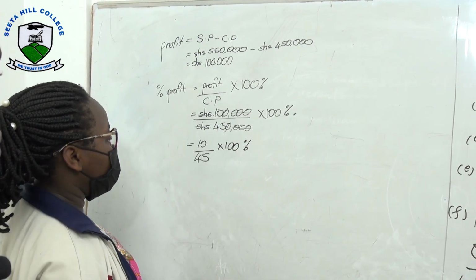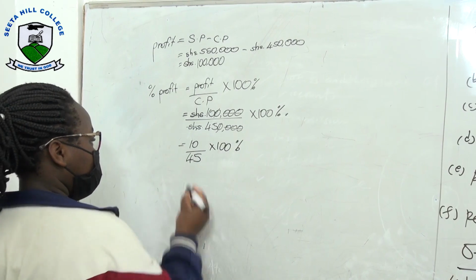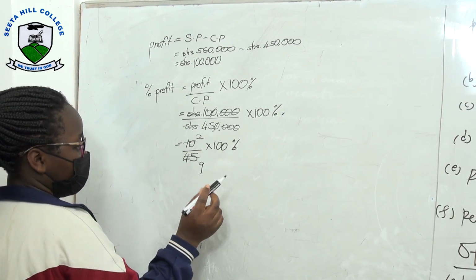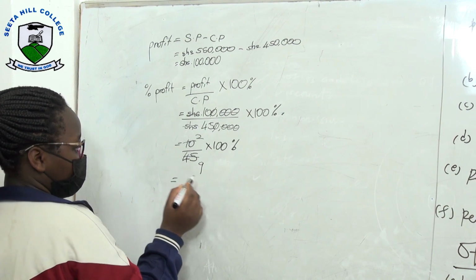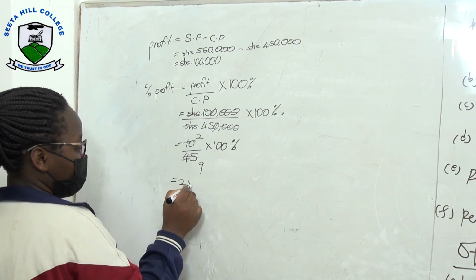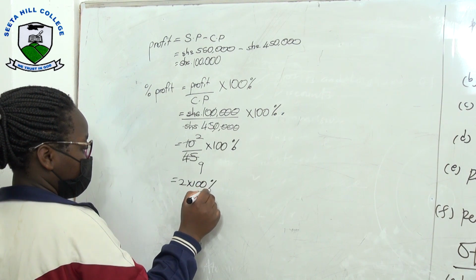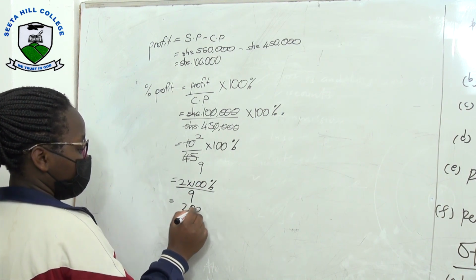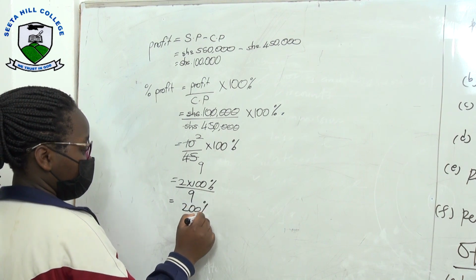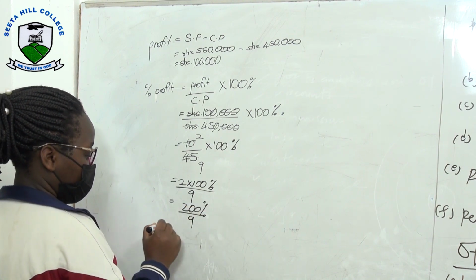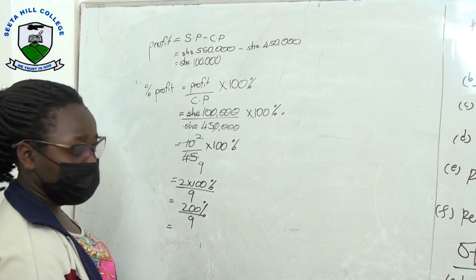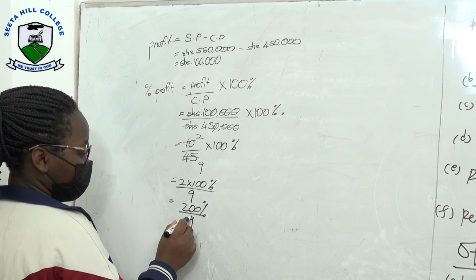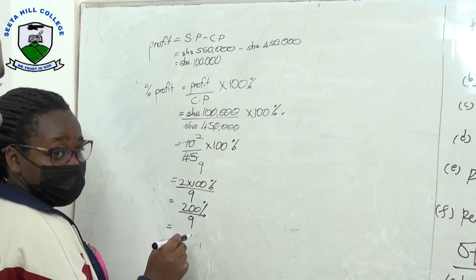Which multiple can we use? By 5 we get 2, and 45 by 5 is 9. So we have 2 times 100% is 200 out of 9. It's 22.222, you can round off to 2 decimal places.